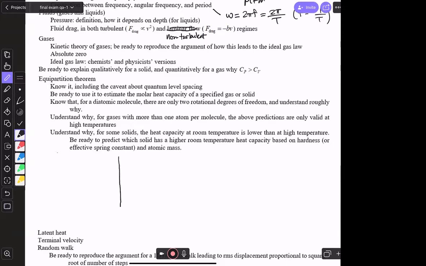What we did, we had a box, and inside the box, we considered a cylindrical volume, and there were gas molecules that were moving within this volume. We said half the molecules are moving right.